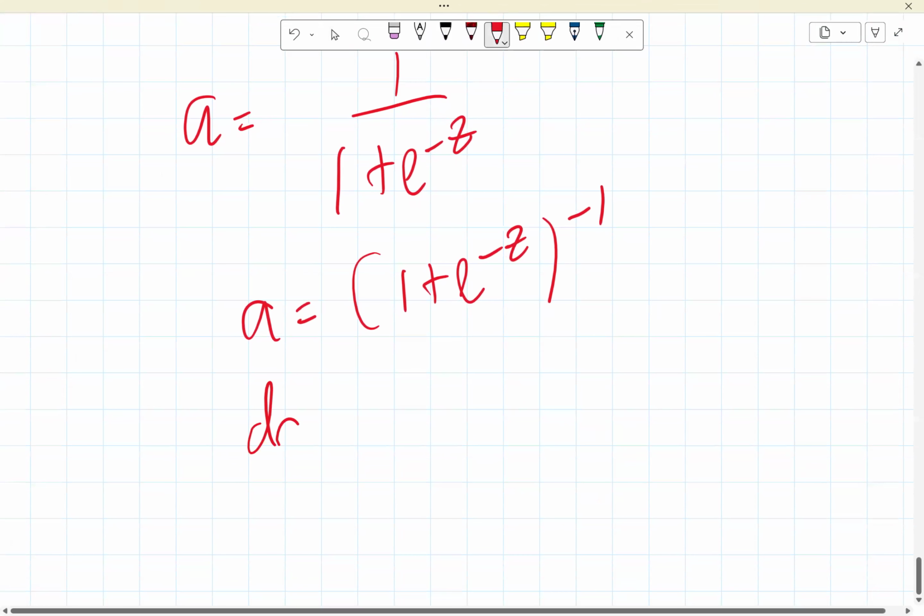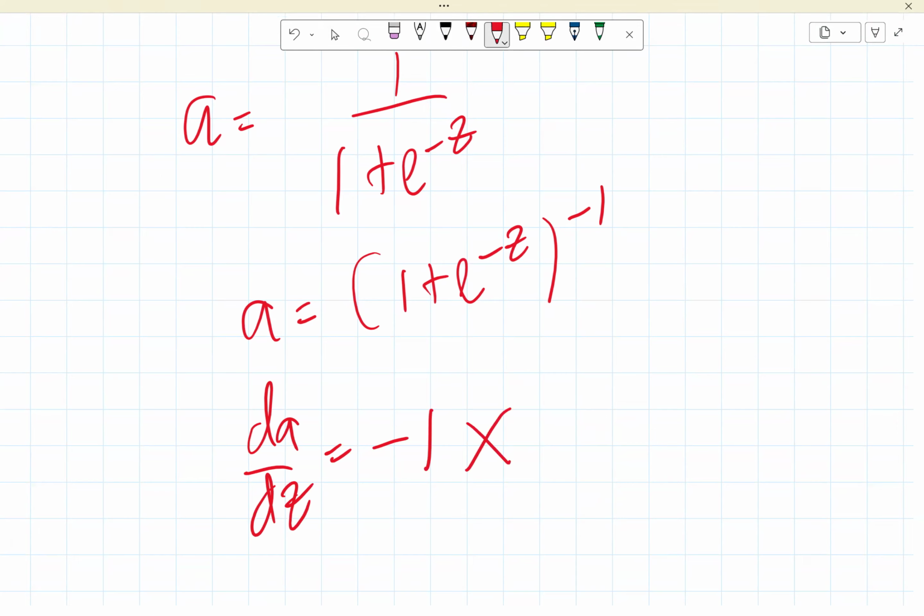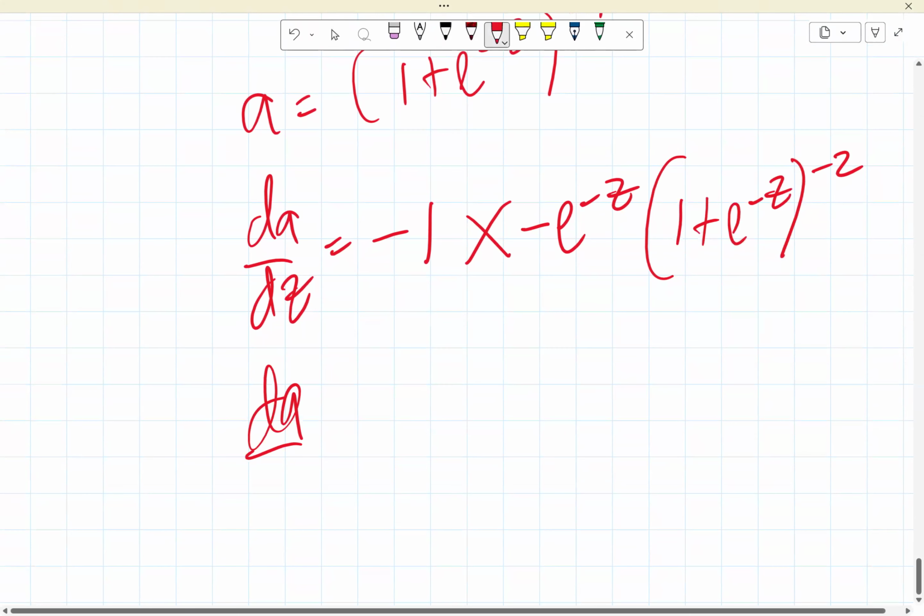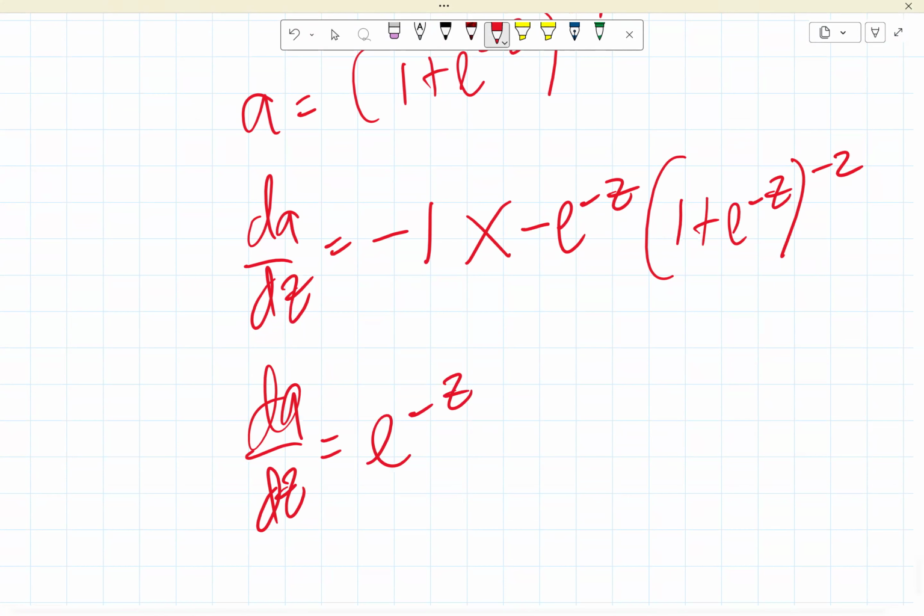To differentiate this function of a function, bring down the power, then differentiate inside with respect to z. Differentiating 1 gives 0, and differentiating e raised to minus z gives minus e raised to minus z. Then you have (1 plus e raised to minus z) raised to minus 2, reducing the power by 1. So da/dz is equal to e raised to minus z into (1 plus e raised to minus z) raised to minus 2.